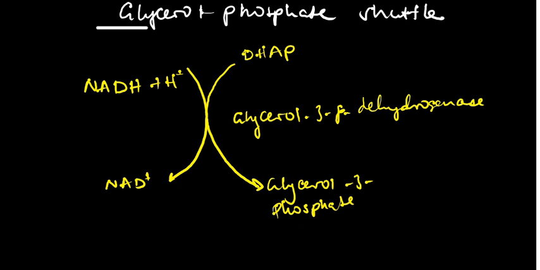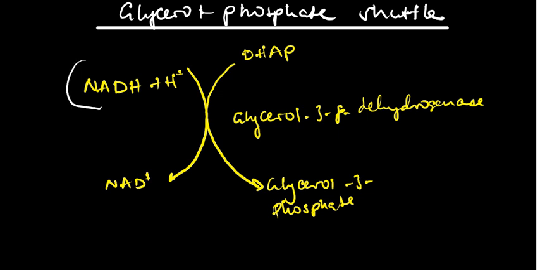Okay, so this is one of the shuttles that give us the NADH that we are looking for. NADH is an energy carrying molecule. So what exactly happens in this glycerophosphate shuttle?